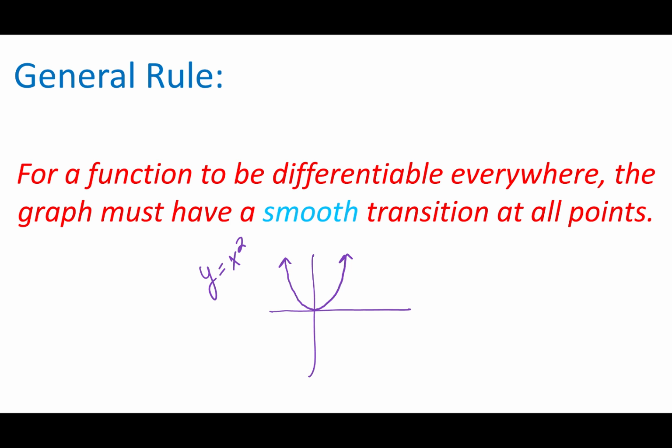A corner fails to have a smooth transition. A cusp fails to have a smooth transition. The vertical tangent was a smooth transition, but it created that vertical tangent, which fails. Okay, and the discontinuity had no transition. There was a jump in the one we showed. So it must have some sort of a smooth transition at all points, and I'll say all points in your interval, because you can restrict the interval. It has to be a smooth transition at all points for you to be able to differentiate. And again, it has to be continuous.